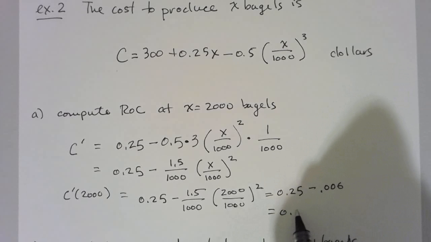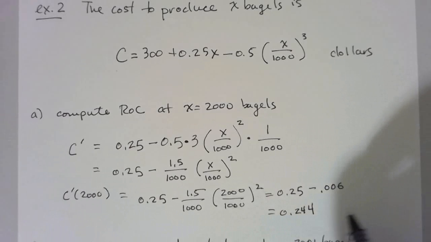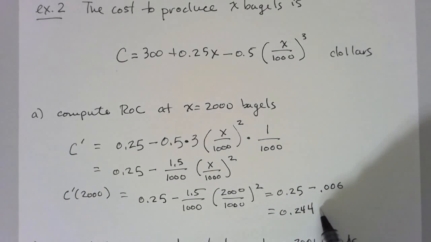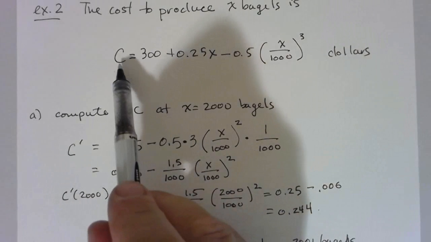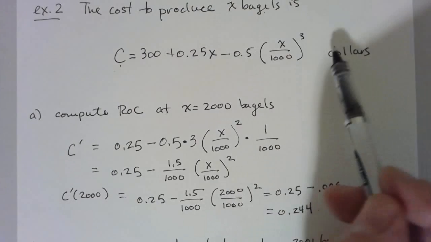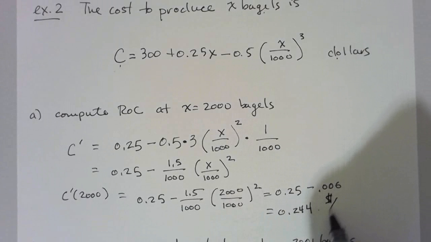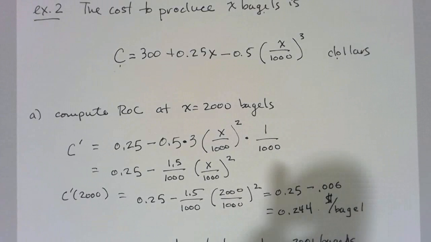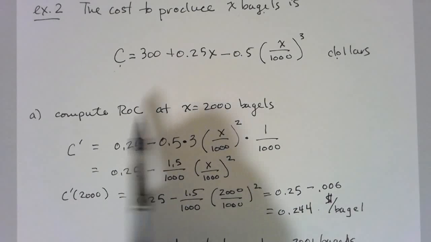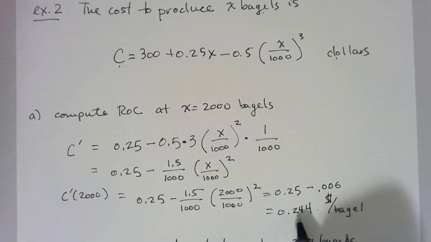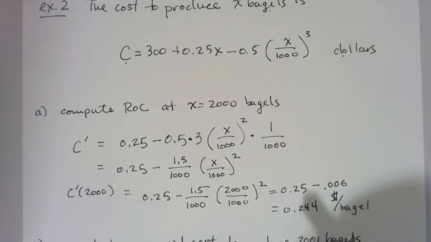So this is 0.244. And my units here would be the units of my function divided by the units of the input, so this is dollars per bagel. So the rate of change of cost at 2,000 is a little less than a quarter of a dollar per bagel.